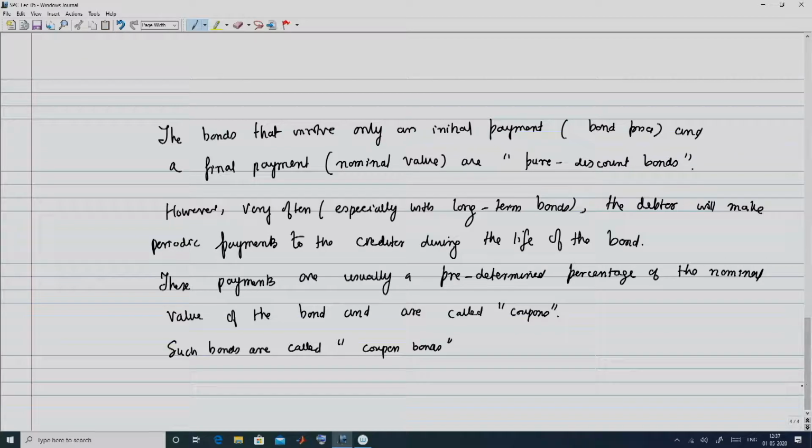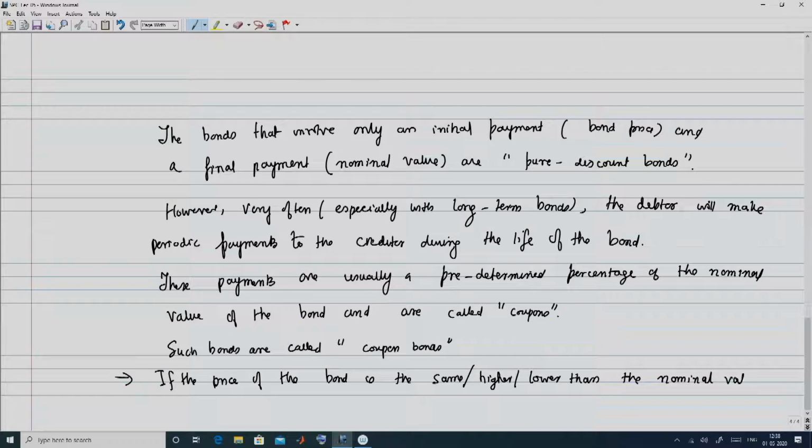Okay, so just to wind up, one more terminology that I want to introduce is the following: if the price of the bond is the same as, or higher or lower than the nominal value, then we say that the bond sells at, above or below par.